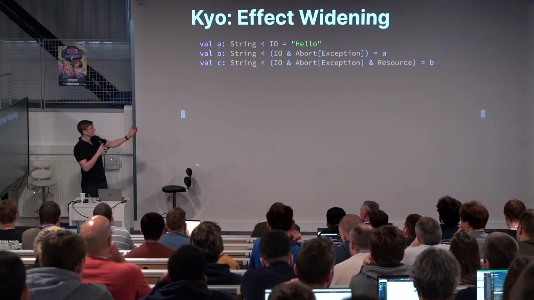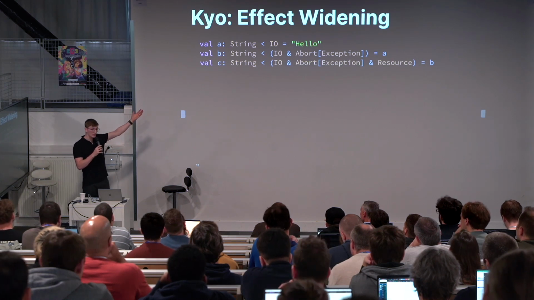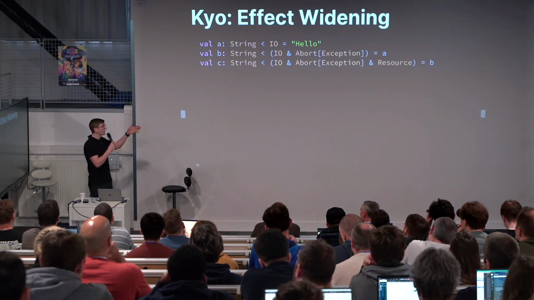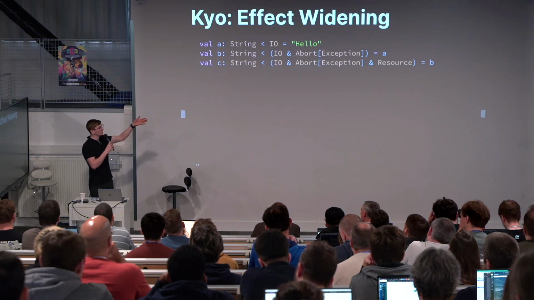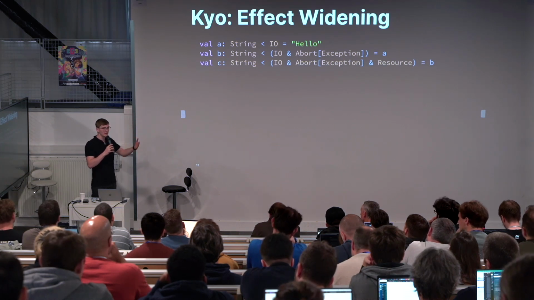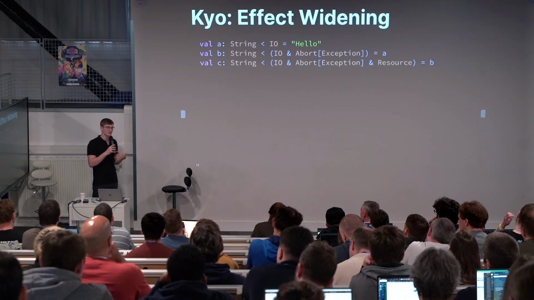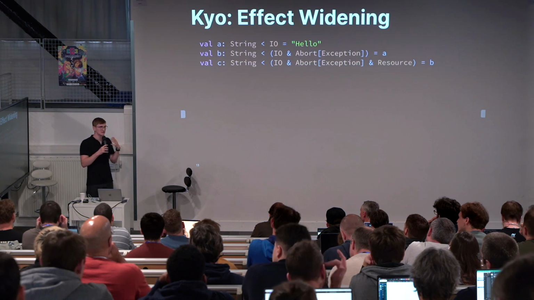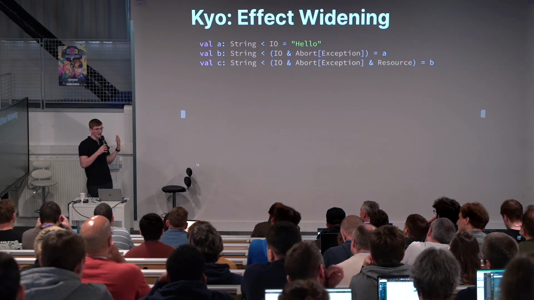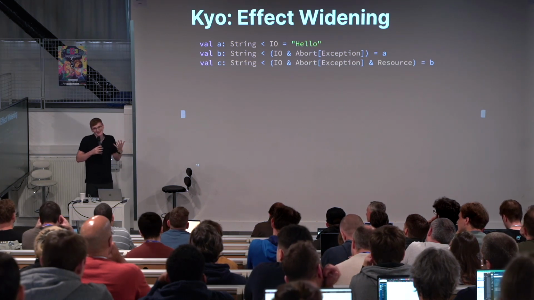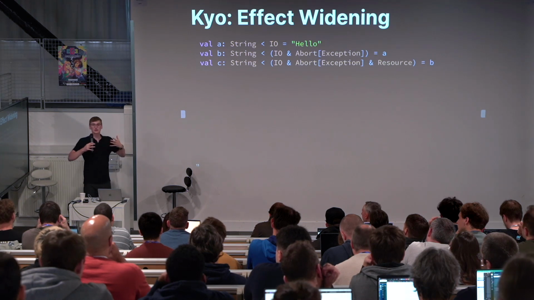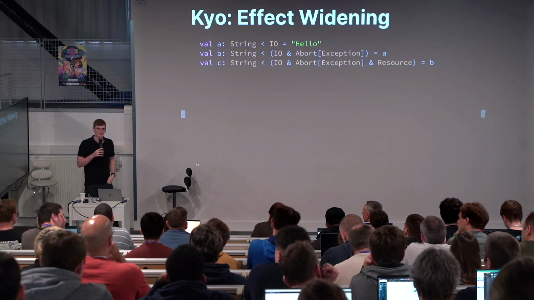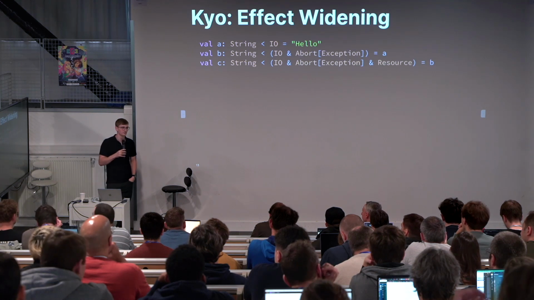So in this case, even though the expression is pure, even though it's just a simple value, by adding these additional abort and resource effects, I've widened the set of what needs to be handled. And so yes, it's a more precise type, and technically that's a type narrowing. I think it's a very difficult thing to explain unless you use the term widening, because that's really what it is: it's increasing the scope of the effect. Is that helpful?